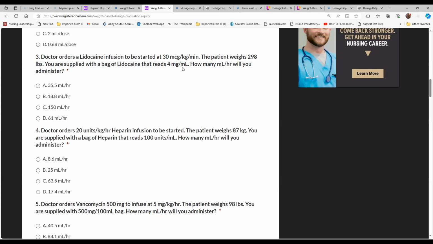You do have to convert. So you're going to have to convert your minutes to an hourly format. And you're going to have to convert your micrograms to milligrams or your milligrams to micrograms. I don't really care how you do it.